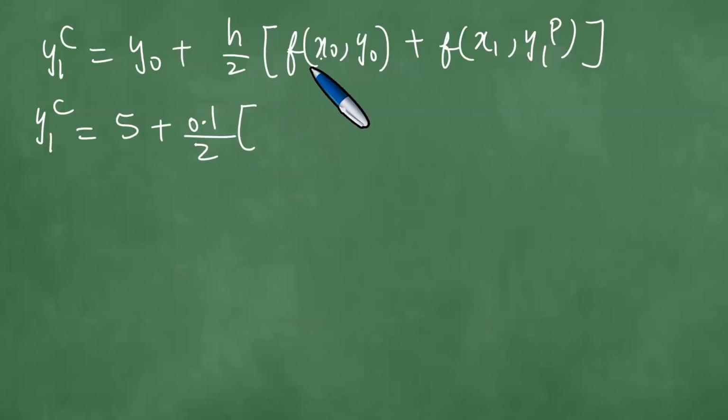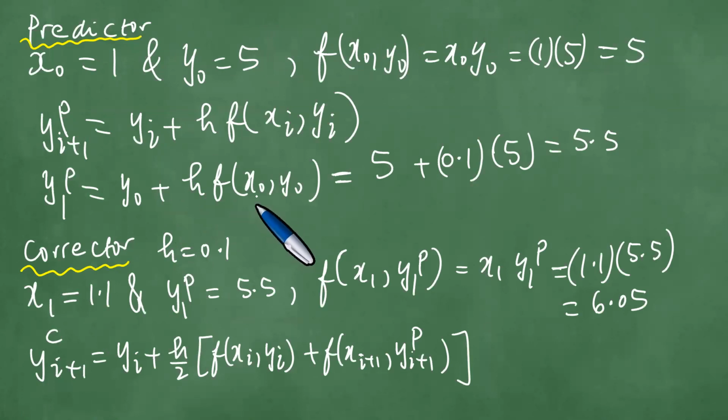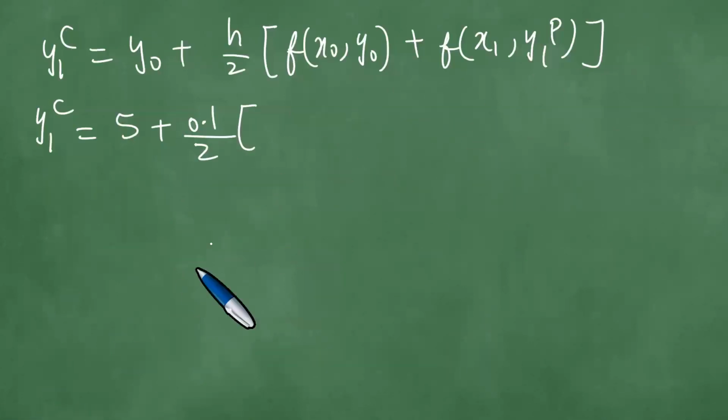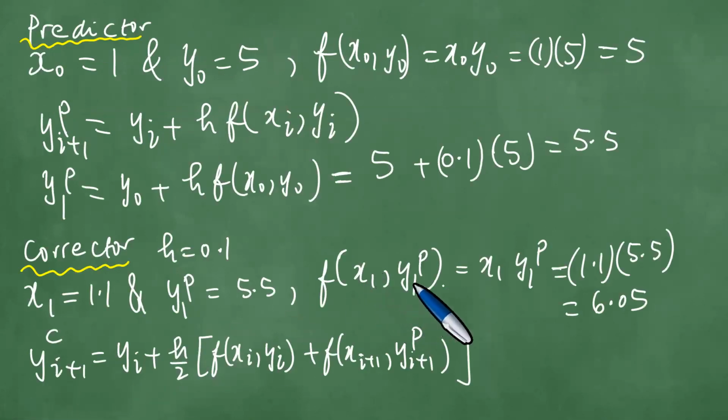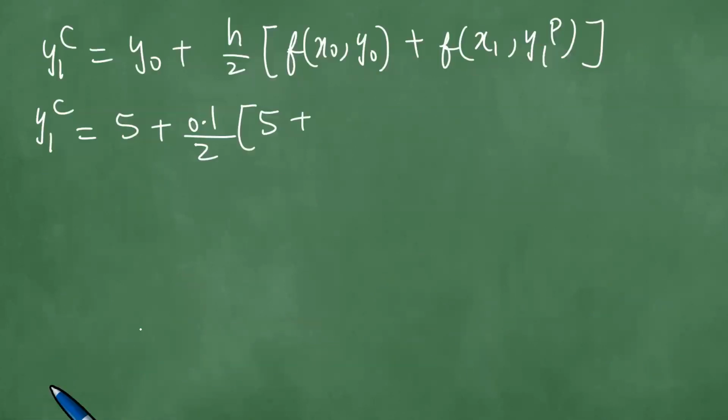And then here, this one, f(x0, y0), we've already got it. f(x0, y0) is 5. Plus, then you have f(x1, y1p). You've already got this one, it is 6.05.